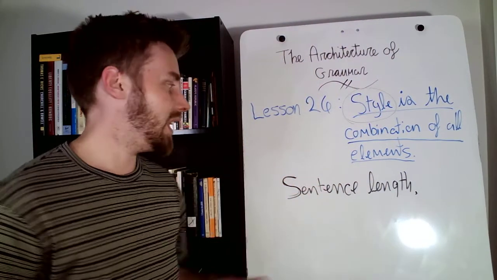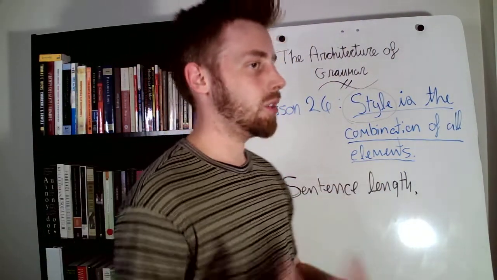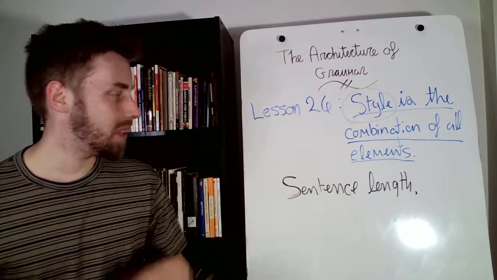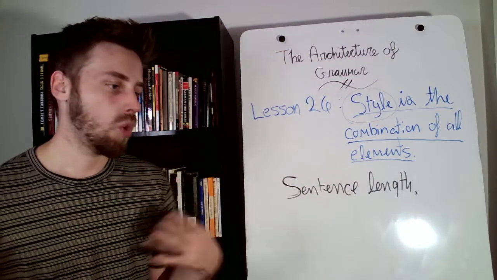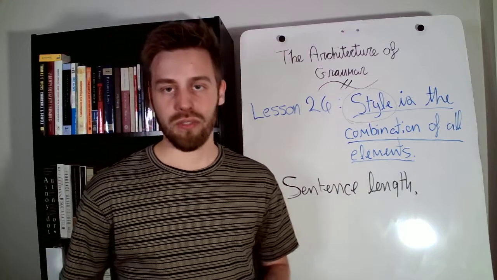Sentence length is calculated in words. It could be 10, it could be 20 words, it could be 40 words, but the average sentence in the English language is actually 23 words. So that's a good length for a sentence.